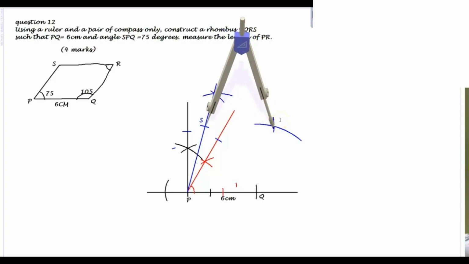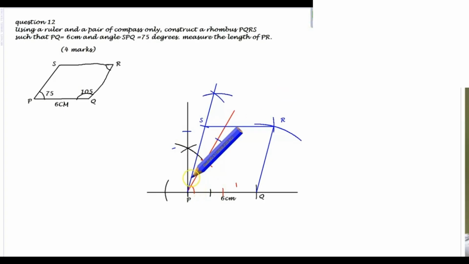Then this is R. Then I'm going to join S to R and Q to R. Then R to S. So that is the rhombus PQRS. All the sides are 6 centimeter. And now all of these angles are 75 degrees.